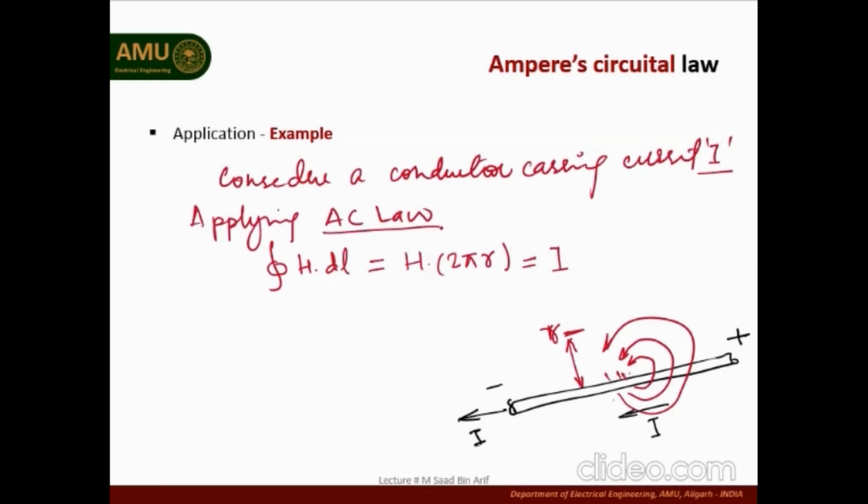From this, we can easily calculate the magnetic field intensity, which is equal to current I upon 2 pi r, and the unit is ampere per meter.